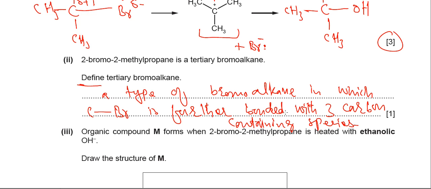Or even you can say that there is no hydrogen attached to the carbon which is bonded to the bromine halogen. That is called the tertiary one.